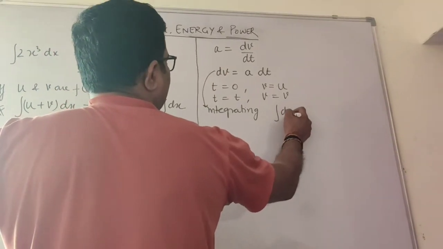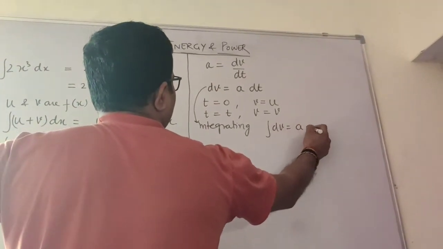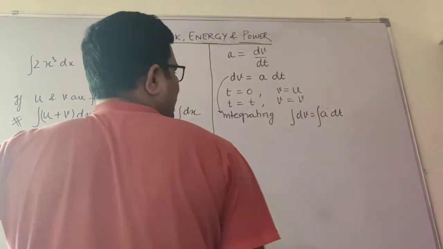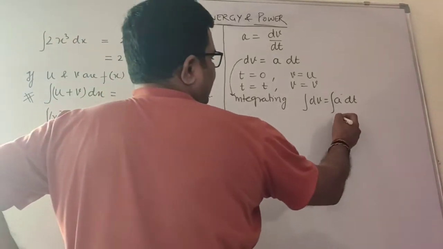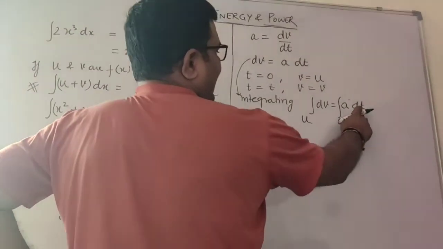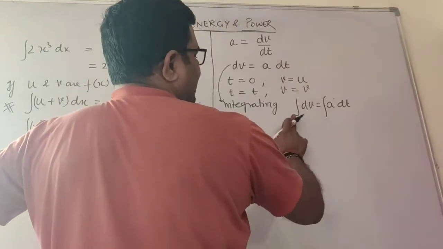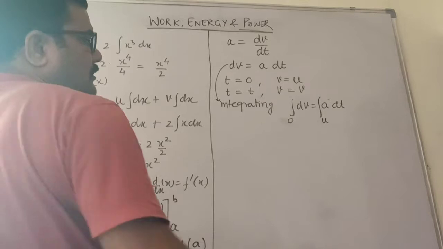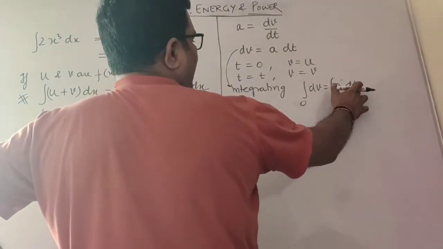So you will get dv is equal to a dt, and I am applying the integration sign. Now here you can see, if t is 0, what is the velocity? It is u. You cannot write it like this, u and 0, because time is the operator here.